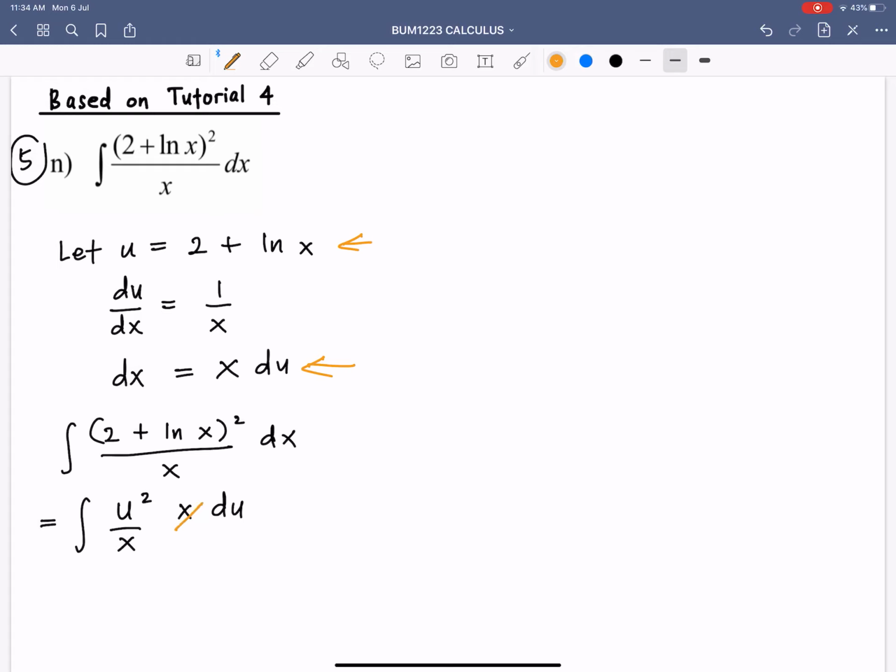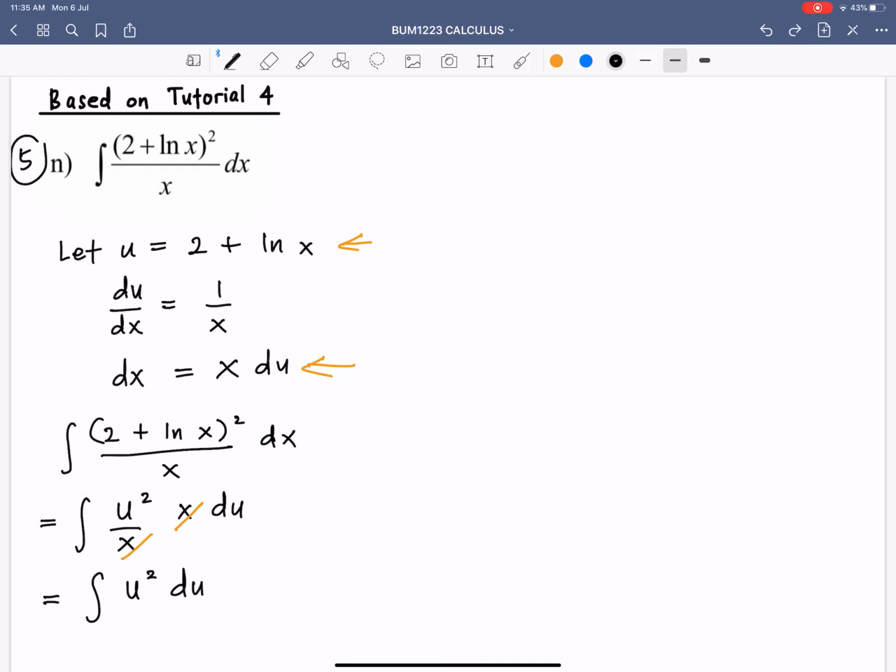So we can cancel out the variable x. So what's left is integration u squared du. If you see here, now we have everything in terms of u. So our choice of u just now was correct. And you'll see that from this difficult integral, we come to this simple integral, which can be integrated by using the basic formula of integration.